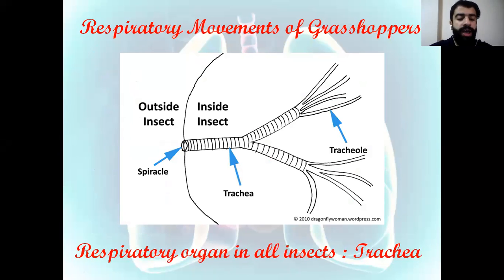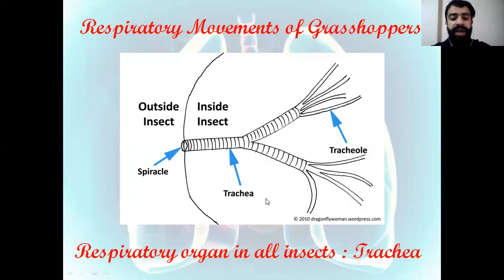From now on, you have to know that humans and mammals have a respiratory organ, which is the lung, while insects have a respiratory organ called the trachea, where air enters through the spiracles. They are small openings allowing the air to enter into the trachea.